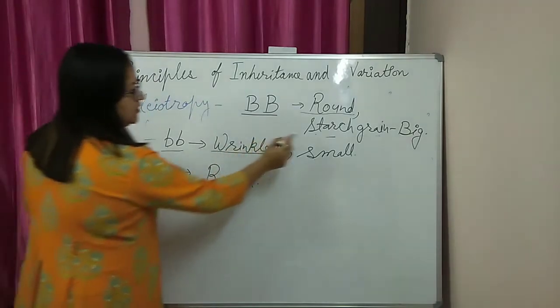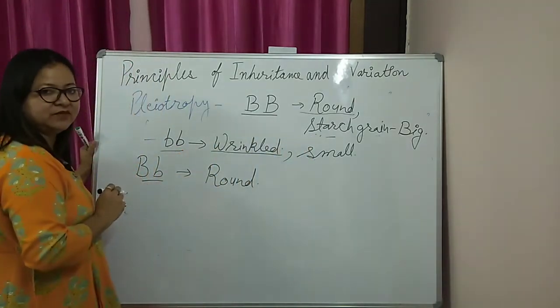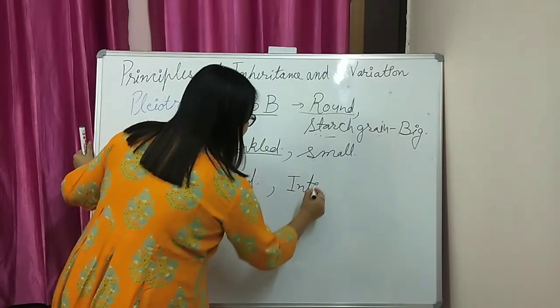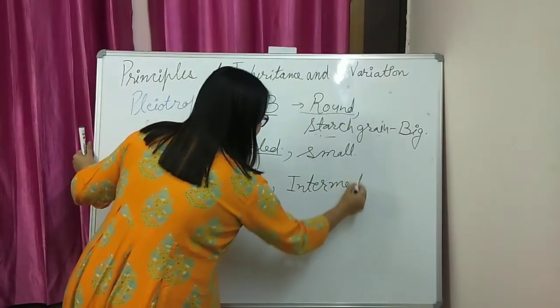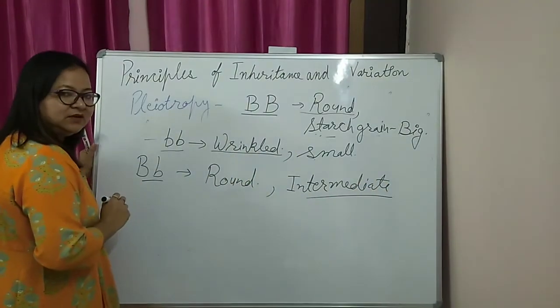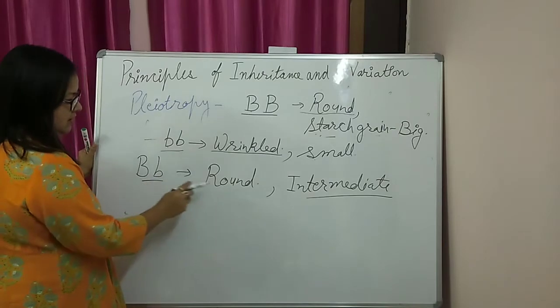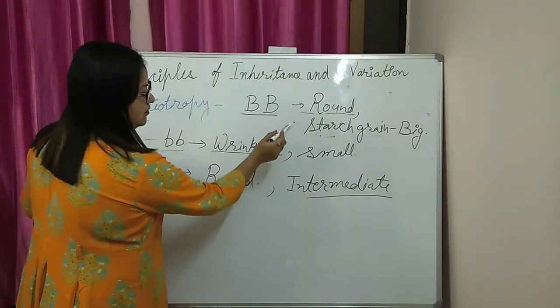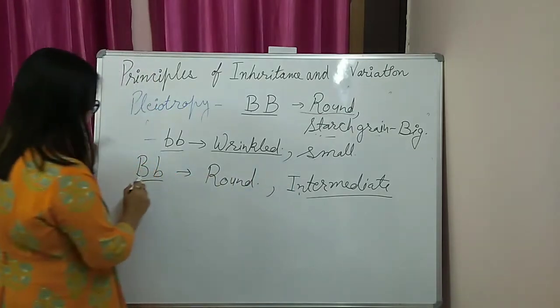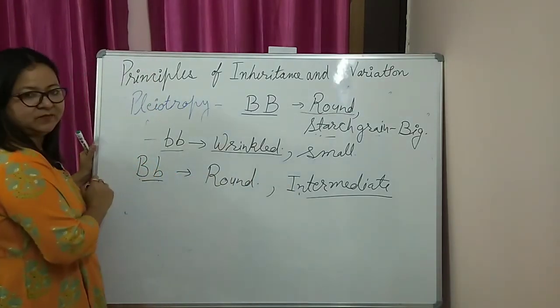But what about the starch grain size? Starch grain size is intermediate. Here we are getting intermediate starch grain size. It means this phenotypic expression is between these two alleles.